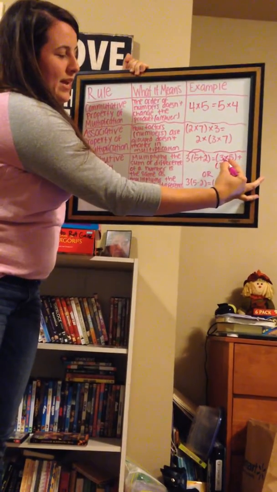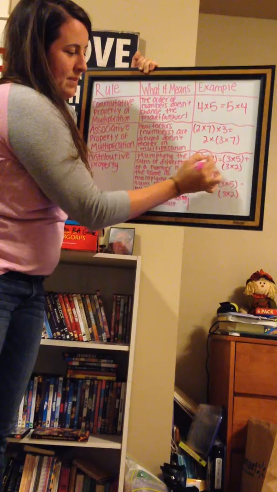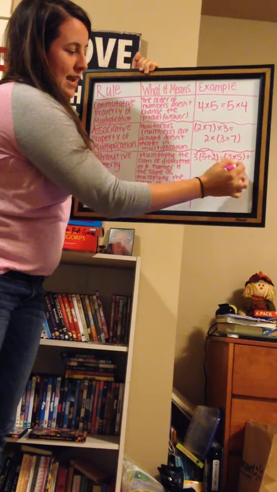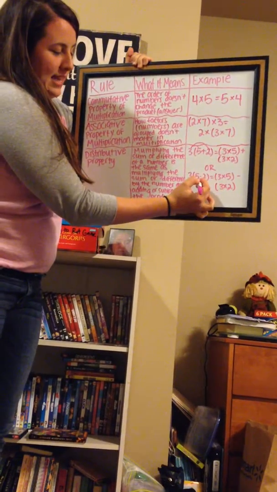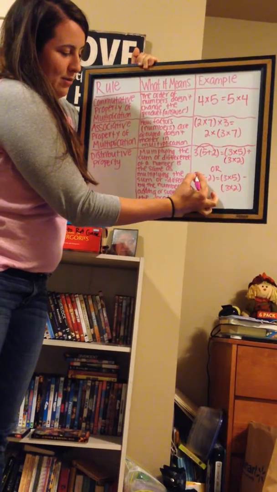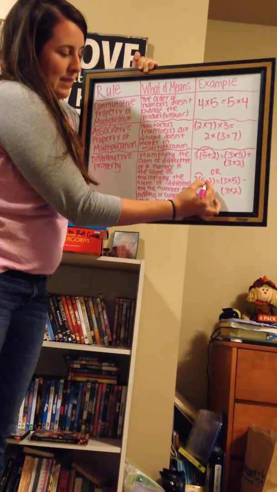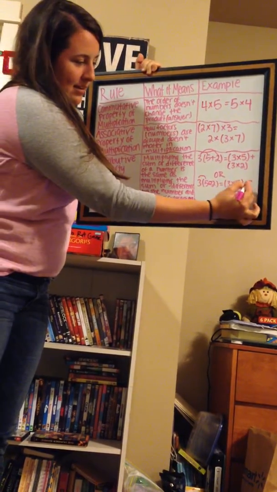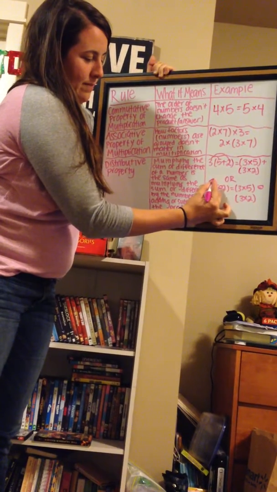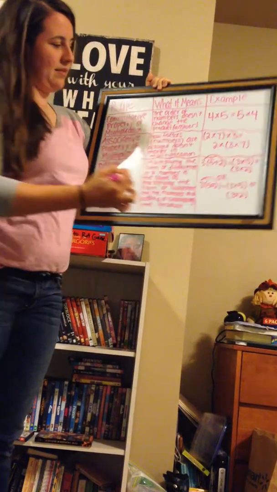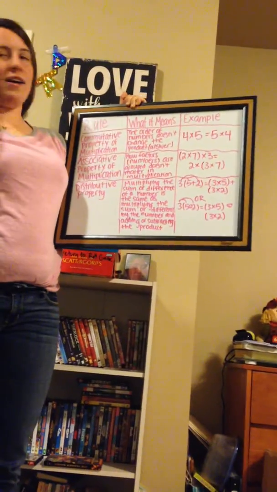So then we get 3 times 5 right here plus 3 times 2. We can also do the same when we have subtraction in there. We're going to multiply the 3 by the 5, but then we're going to subtract the 3 times the 2. Just like that.